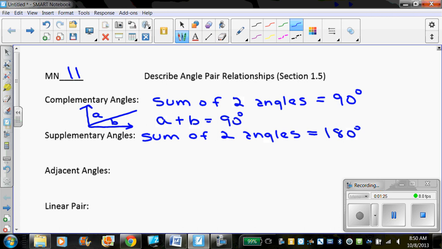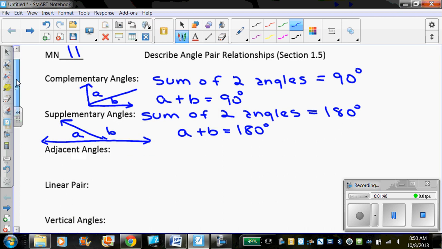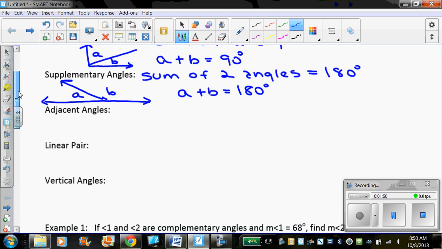I'm going to show that by drawing a straight line, which we know if we measure it is 180 degrees. This is angle A, this is angle B. So A plus B is equal to 180 degrees. So complementary angles add up to 90 degrees, supplementary angles add up to 180 degrees. Two huge words.